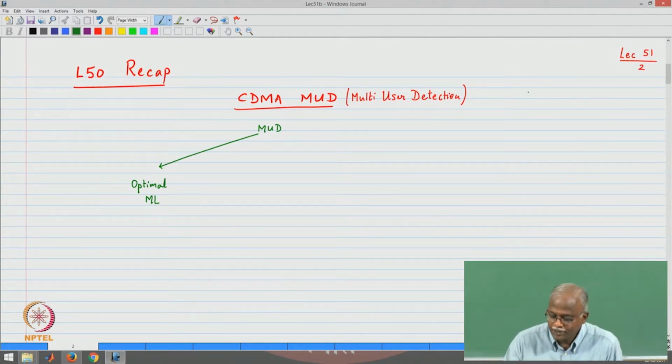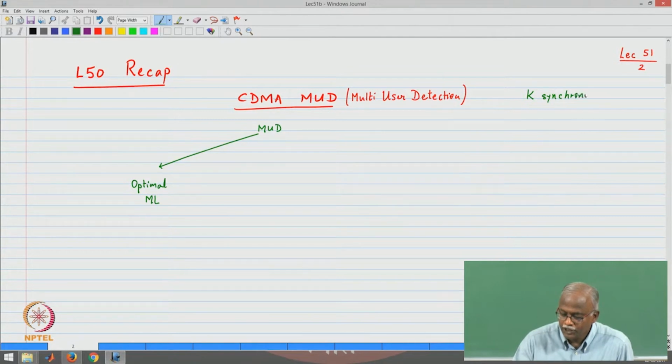So, our assumptions are that there are K synchronous users, each of them transmitting a binary bit B1 through Bk, and our goal is to estimate the vector B1 through Bk at every instant of time.